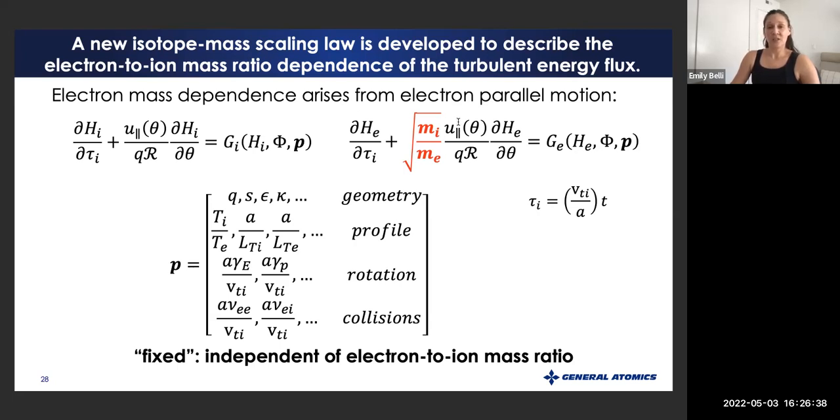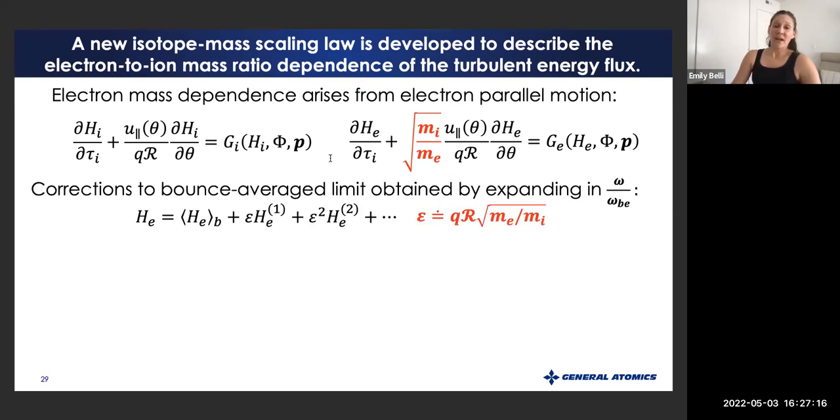The u parallel term is the parallel streaming along the magnetic field lines, and the right-hand side terms G_i and G_e represent the totality of the remaining terms in the equations, which depend on a vector of dimensionless parameters P, containing geometry quantities, profile gradients, E cross B rotation, and collisions, all of which are considered to be fixed or independent of the electron-to-ion mass ratio. So when writing the equations in this form, there is only a single irreducible term that can be responsible for the ion mass dependence of Q_i over Q_GBi, the electron parallel streaming.